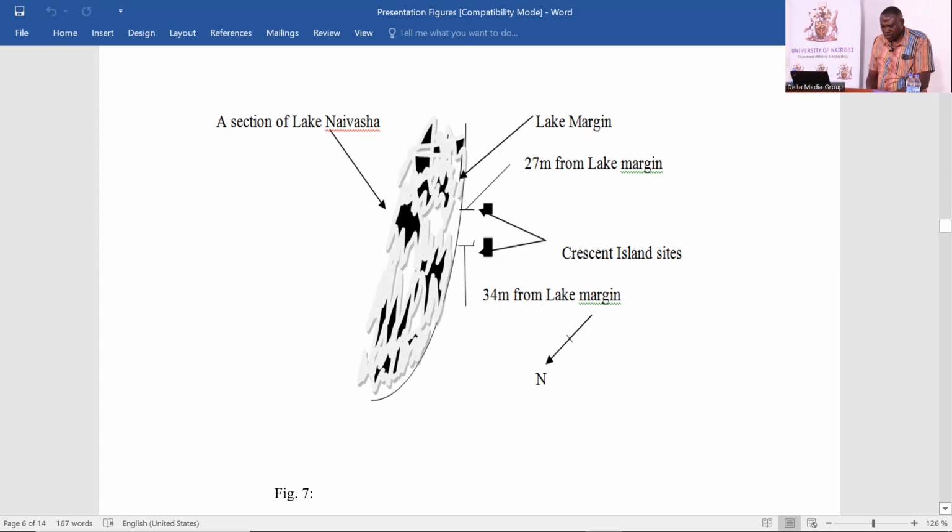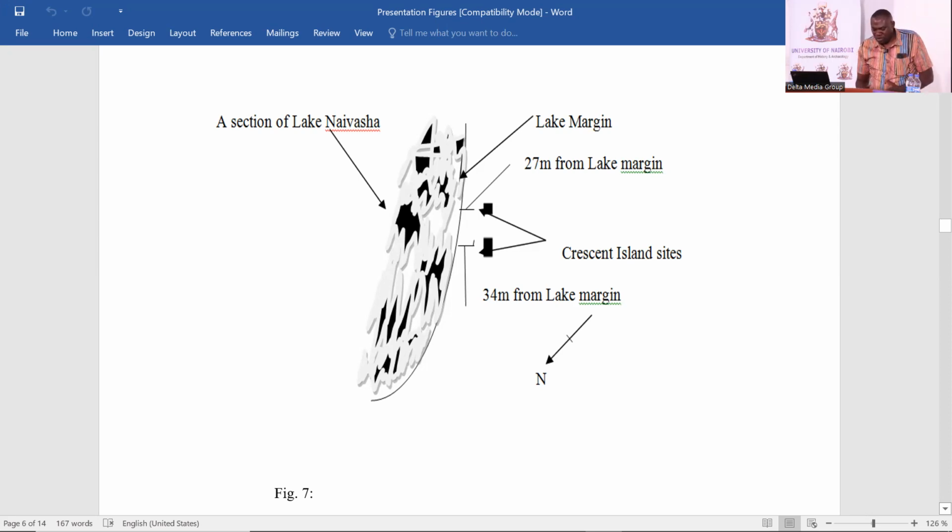So, as I conclude on this Crescent Island, before I move to the discussion of this, it is also difficult to understand the amount of space that was needed, especially for communities that settled on open sites, because measuring with precision the amount of space that was needed in a place that is not confined isn't easy.